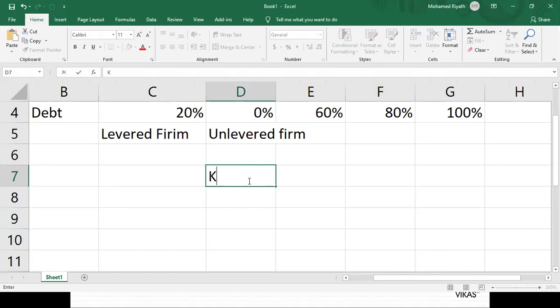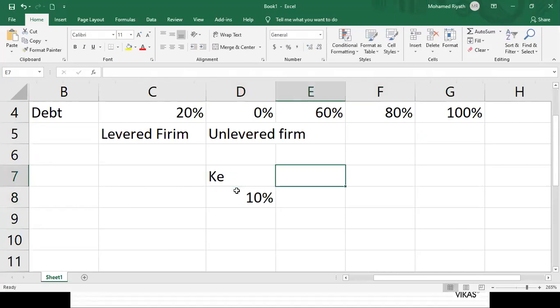Here cost of equity equals 10%, and cost of debt equals 5%.